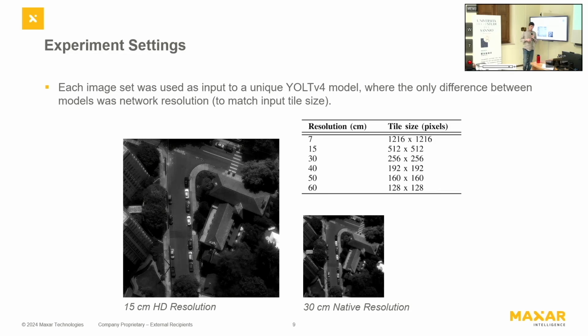The reason is that YOLO was developed for cats and dogs, where your cat or your dog occupies the entire image, or most of the image in a picture, right? In remote sensing, you might want to detect one car, so you're looking for very, very small objects in a very, very big image, especially if you're doing, for example, anomaly detection.